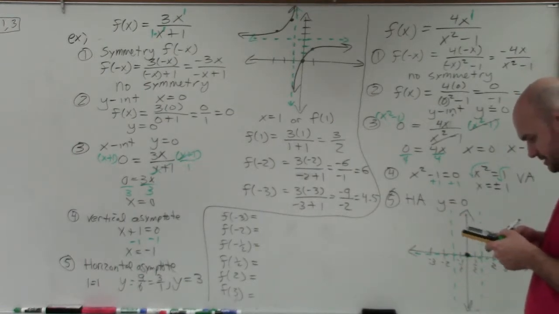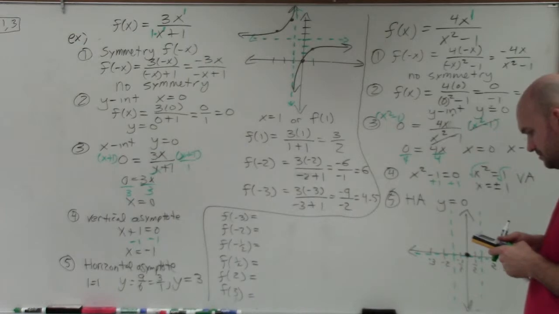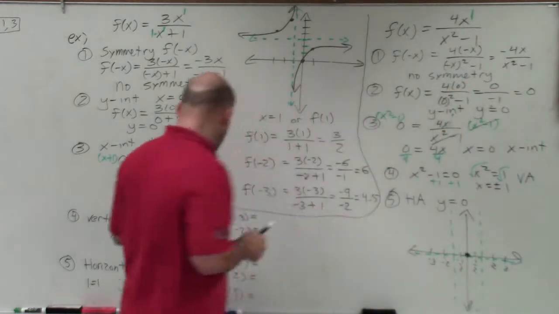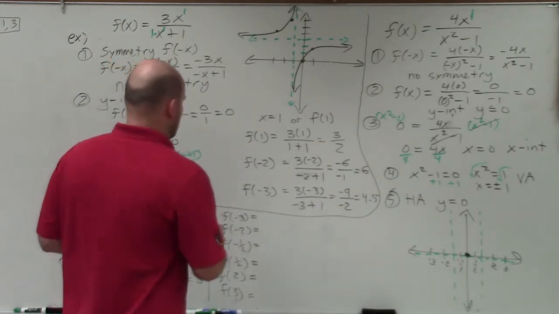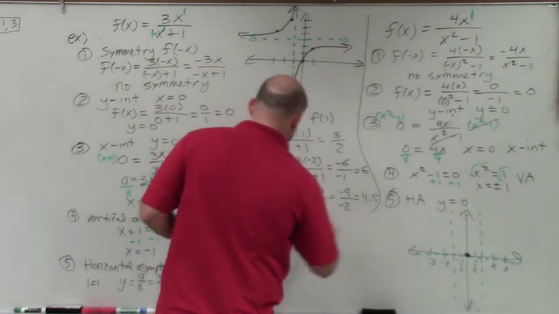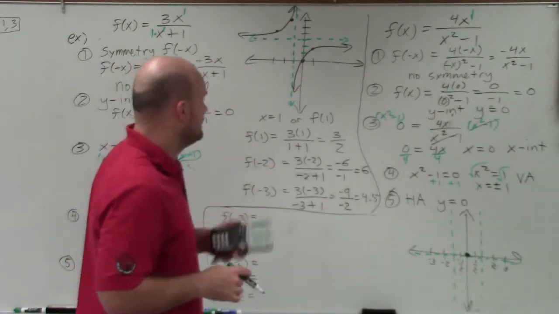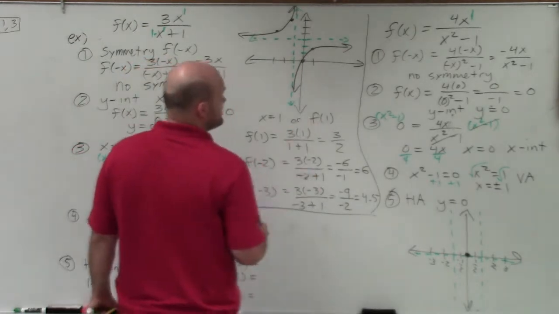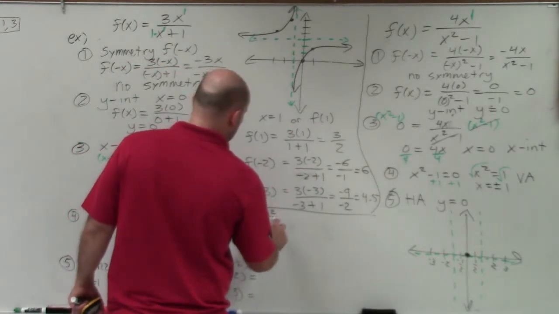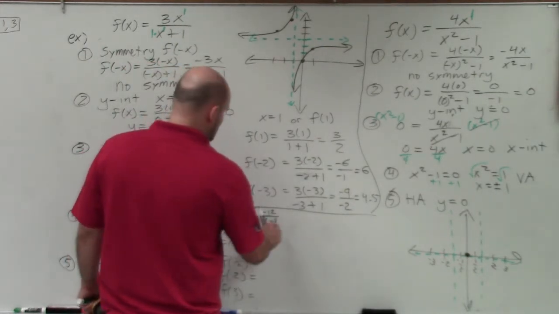Let's see here. OK, so basically what we have here is negative 3. Let's go ahead and do that. When I plug in negative 3, basically what I'll have is 4 times negative 3, which is negative 12, over negative 3 squared, which is 9, minus 1.